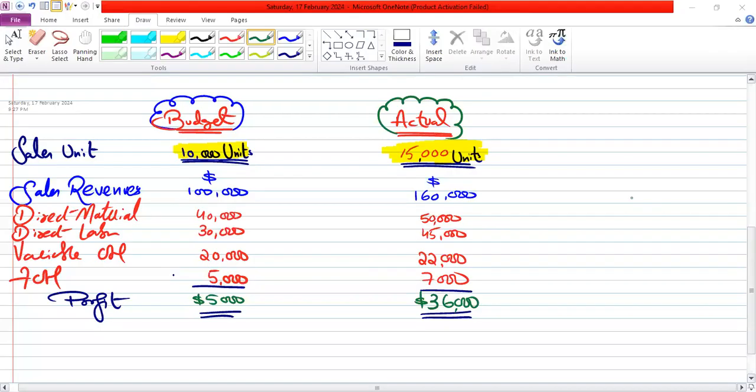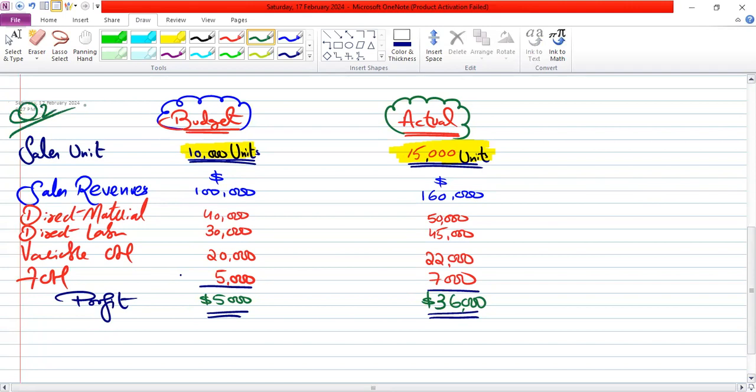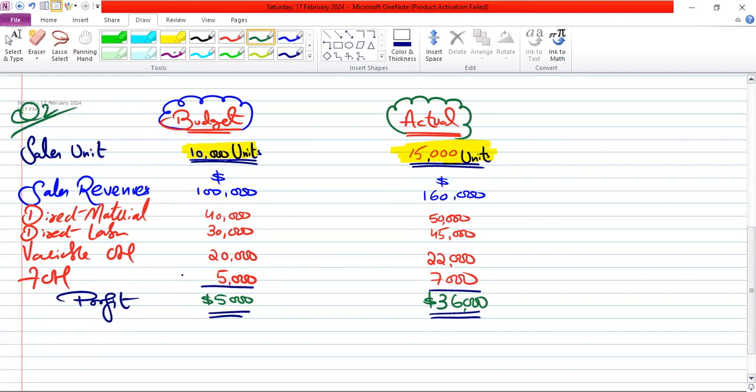Now, another illustration for today. Question number 2. Here, the budget is something different in units. Actual is something different in form of units. We know that we need to compute variance here. The requirement of this question is variance.